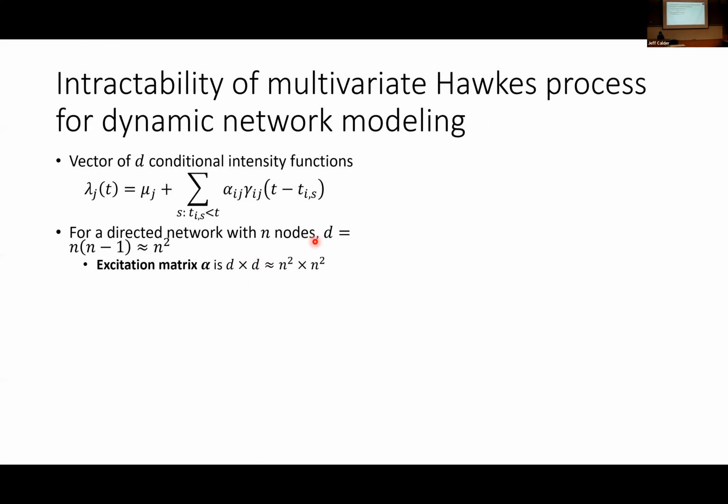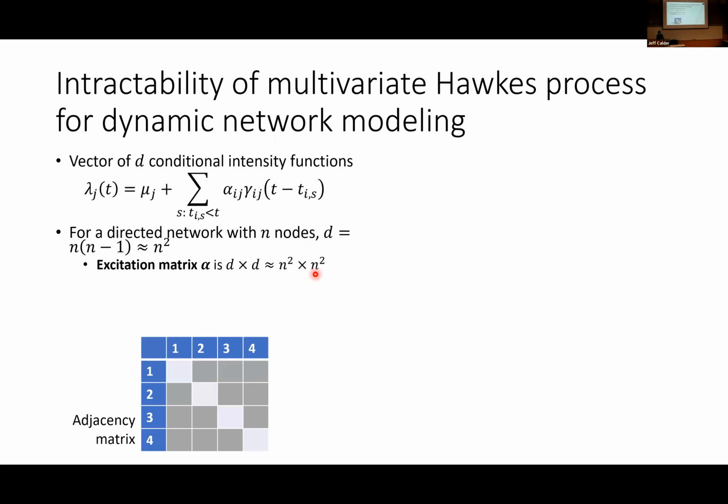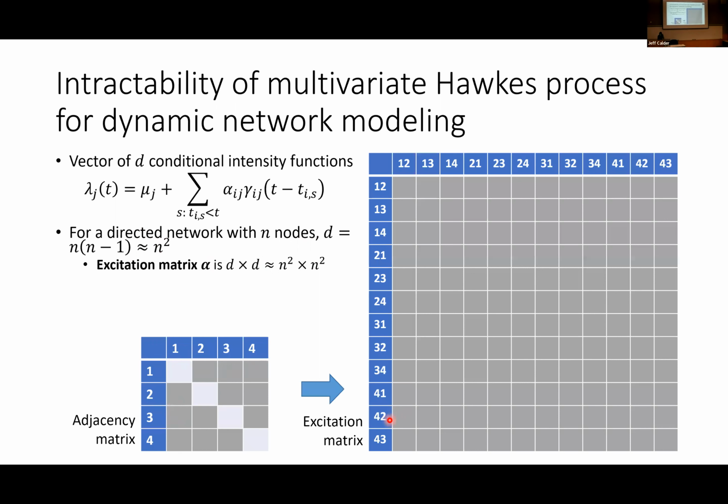So the dimensionality D is roughly n squared, which means we have an excitation matrix alpha that's roughly n squared by n squared. If this is your adjacency matrix here, let's say n is 4, the excitation matrix is going to be 12 by 12, right? So 4 times 3, 12 by 12.